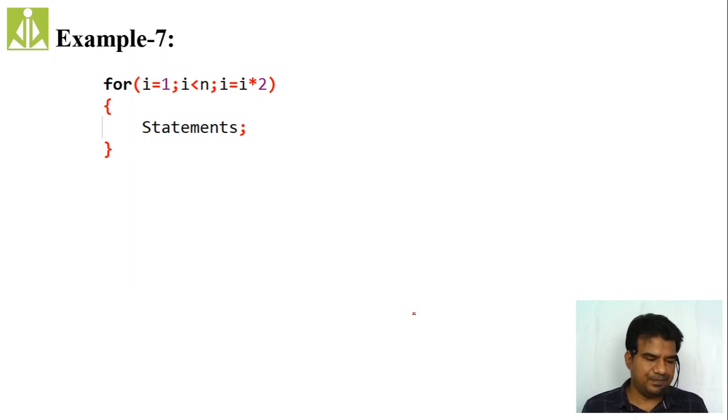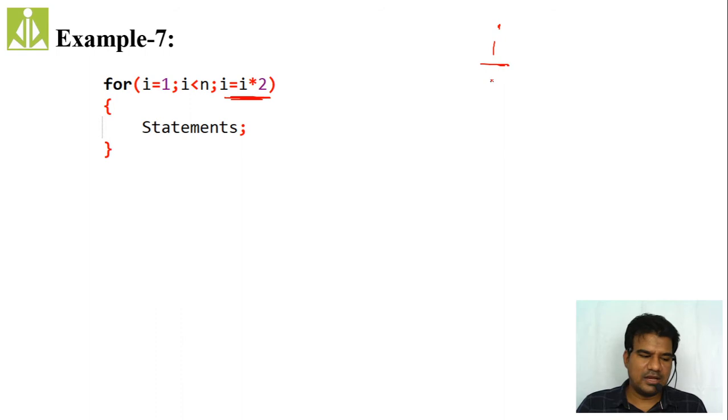Here also I have one counter variable I, and it is dependent on this. How are we incrementing the I value? We are multiplying I with 2.